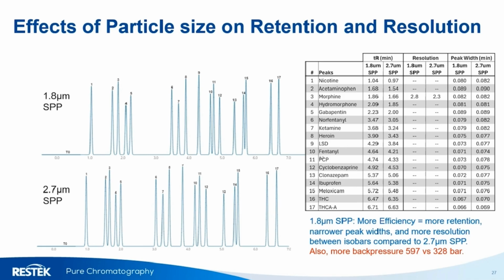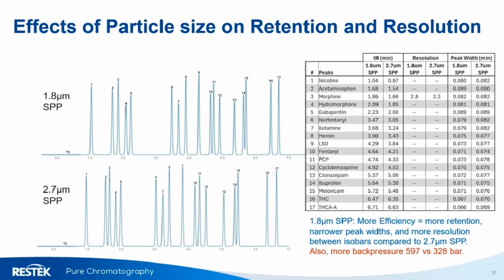That would tax the high pressure of my system. Given that it's a 600 bar system, that is not a lot of room to work with. So I would avoid this particle for this separation, due mainly to the back pressure generated.